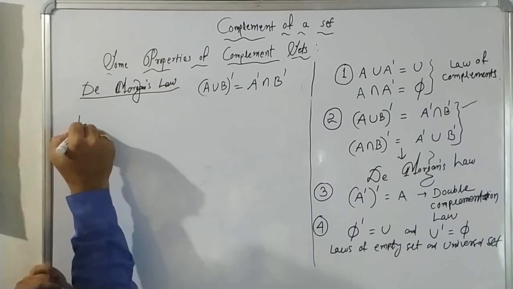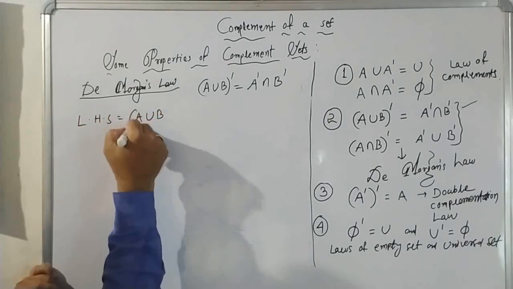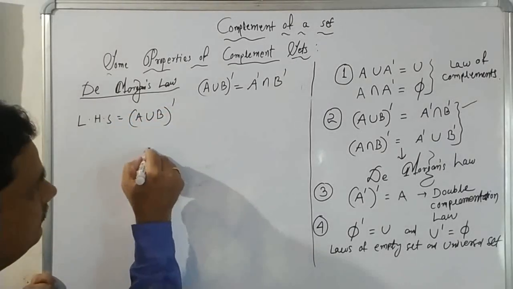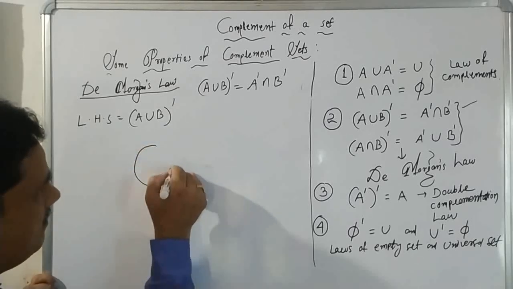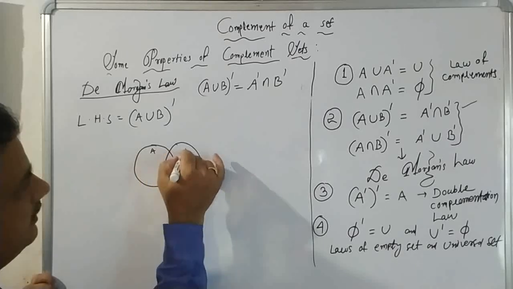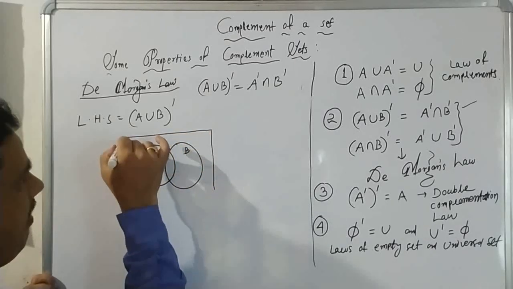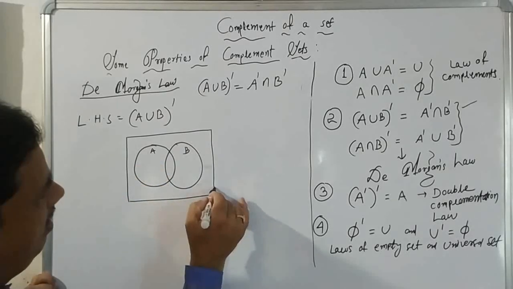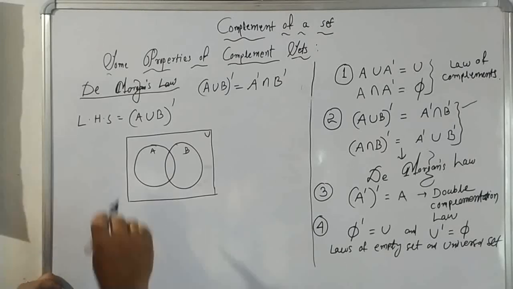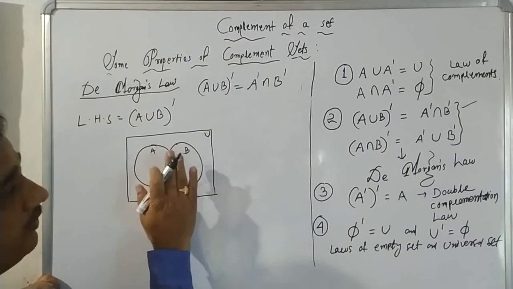Let us find the LHS, A union B whole dash. Let us draw that. This is A, this is B, this is U.